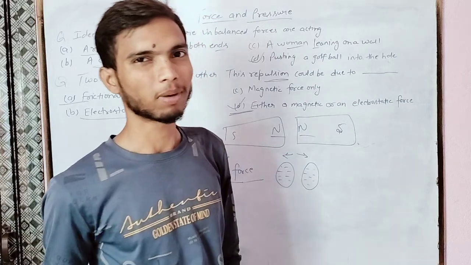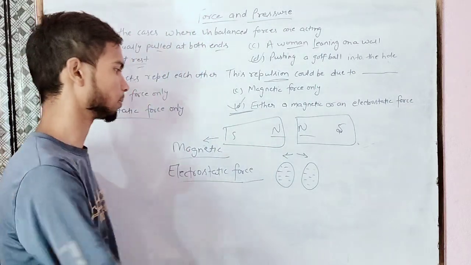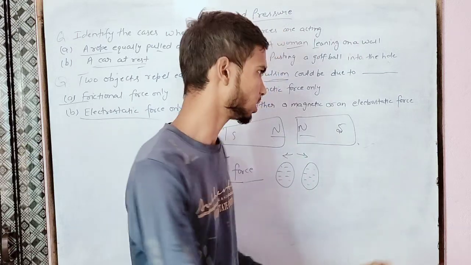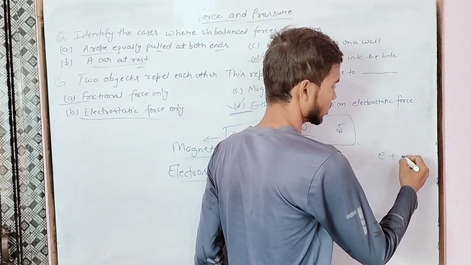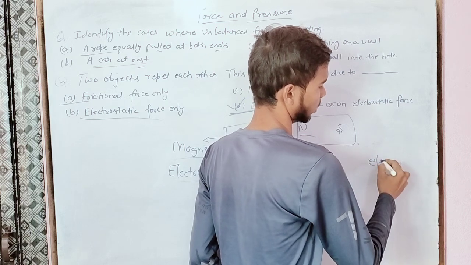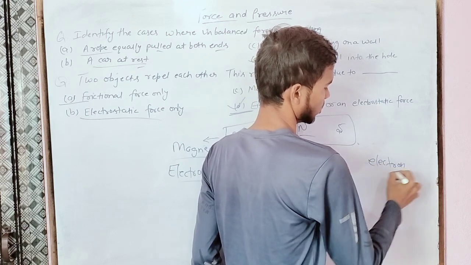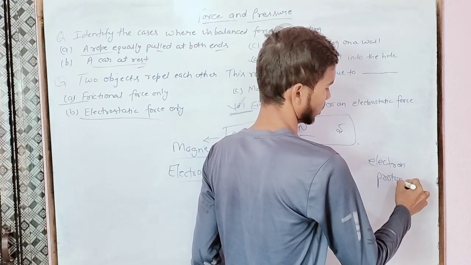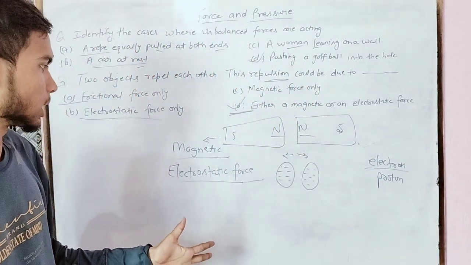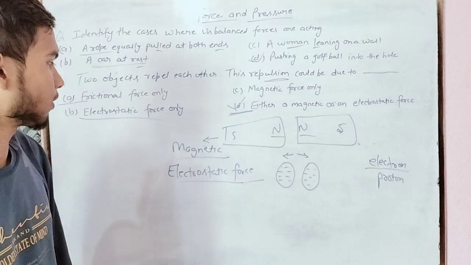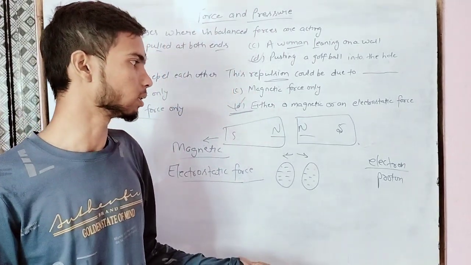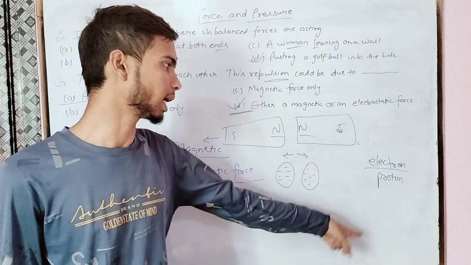This is a hint of minus, a hint of electron. There are two kinds of charges in the case of electrostatic force: electron and proton.